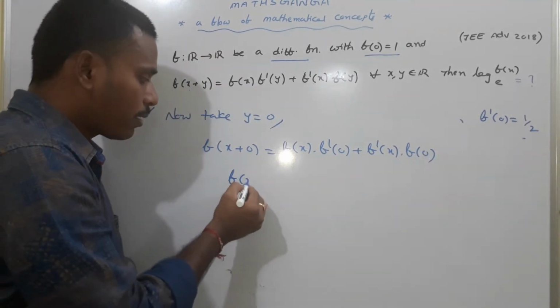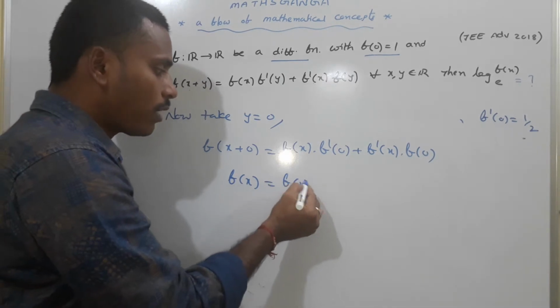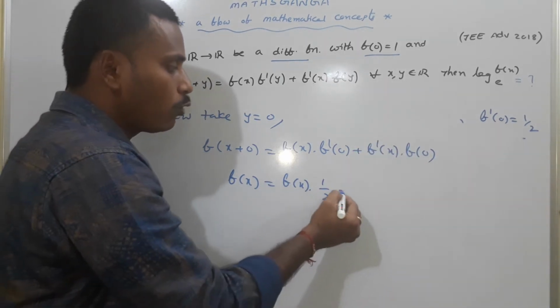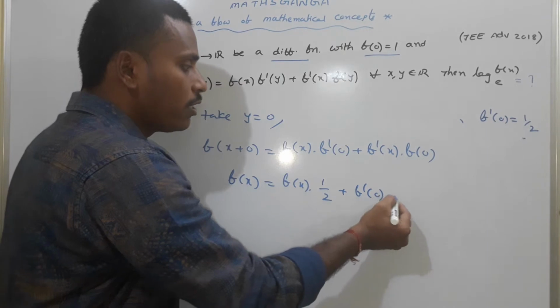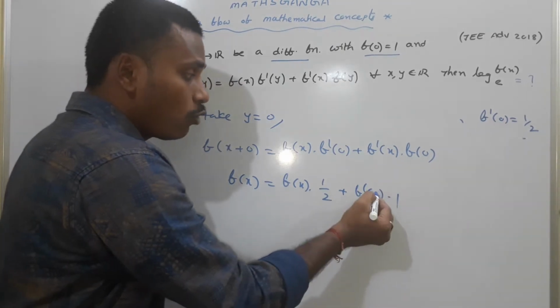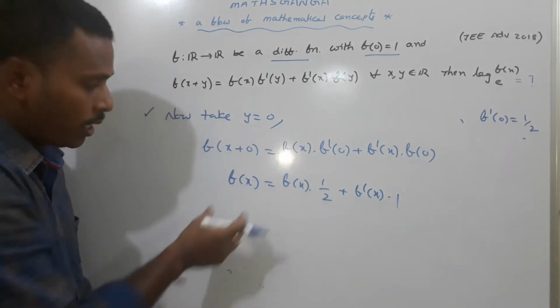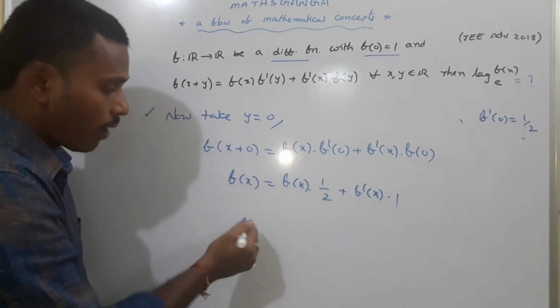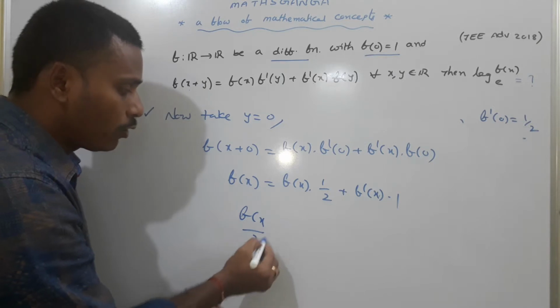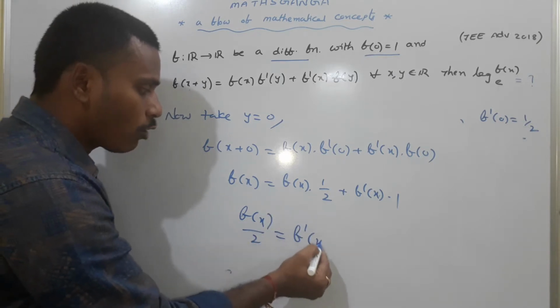This is f of x, and this is equal to f of x into f dash of 0, which is 1 by 2, plus f dash of x into f of 0, which is nothing but 1. Now this is f of x by 2, this is f dash of x. So if you simplify it, we have that f of x by 2 is equal to f dash of x.